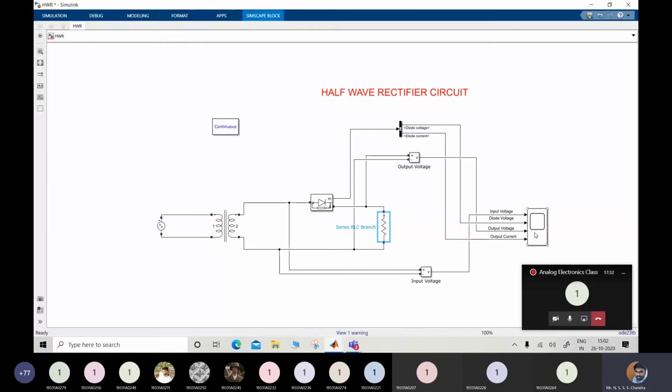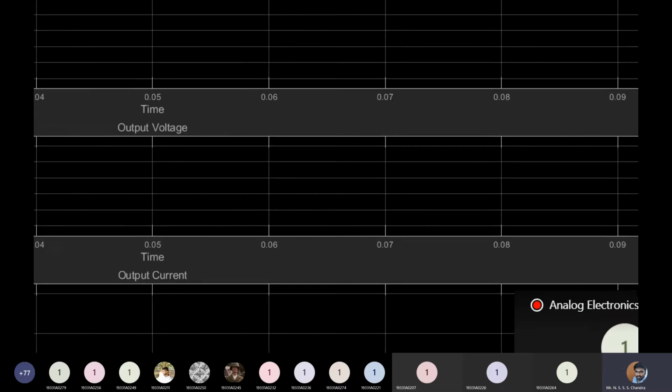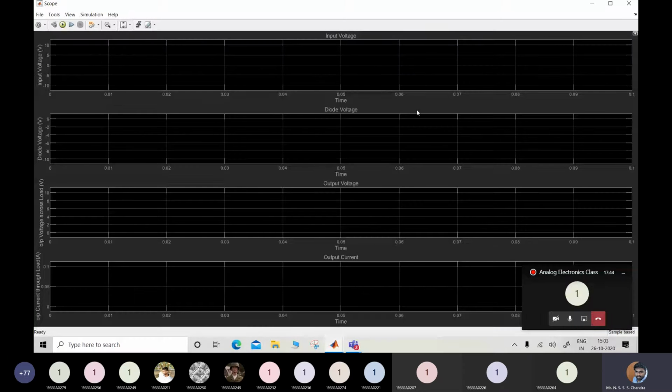I'm opening the scope now. Again, in the scope, I have given titles for each of these graphs. The first one is input voltage. On the y-axis also I have labeled input voltage, and the x-axis I have labeled as time, in seconds.